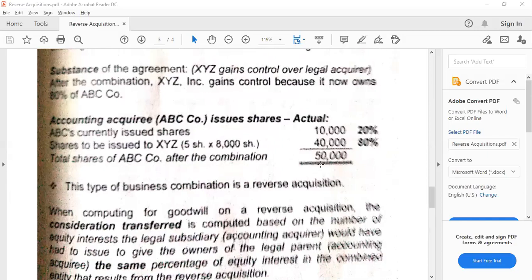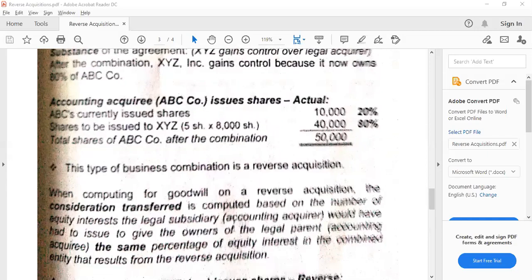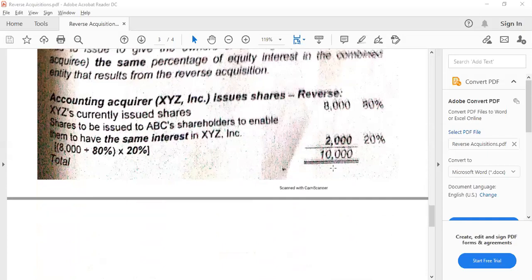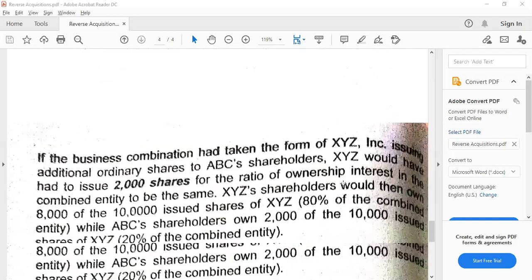So we want also that the public entity, which is the accounting acquiree, will have the same percentage of ownership in XYZ, that is the accounting acquirer. So meaning both will be balanced by this case of reverse acquisition. So this is the unique thing under reverse acquisitions, by the way.